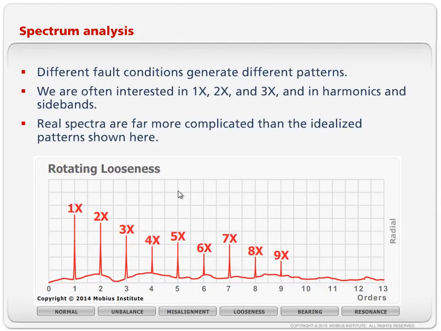Looseness, imagine the bearing just loose, too much clearance, and there's rattling as a result, then we see harmonics. Harmonics occur when the vibration is not smooth. That nice simple sine wave creates one peak.